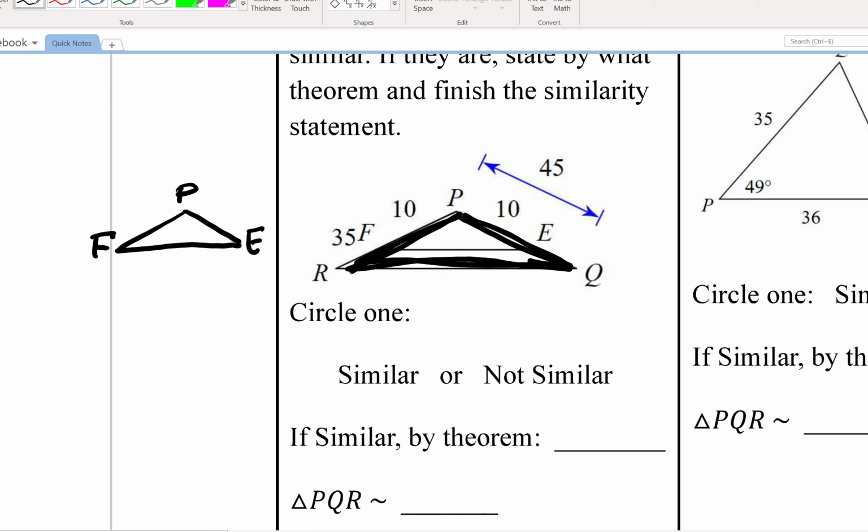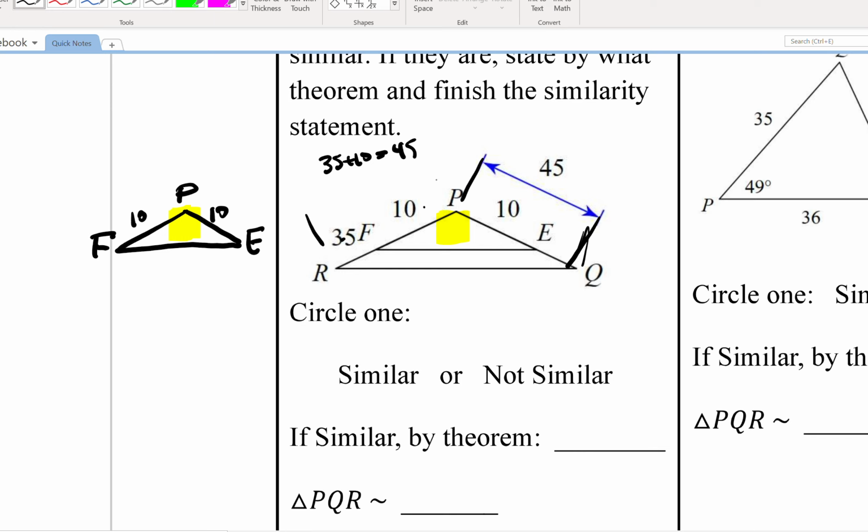I know that angle P is obviously the same for both of those triangles. Then the corresponding sides: this one is 10 and this one is 10. On the larger side, 45 is the length of the full side. If you take 35 and 10, since 35 plus 10 is also 45, this would be 45.